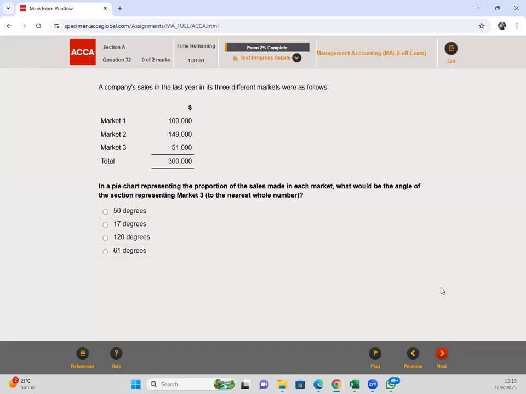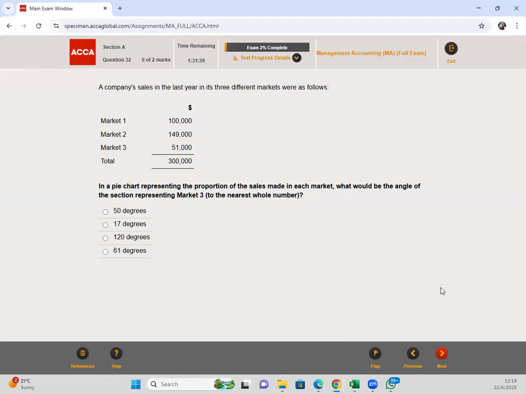So we want to represent the information on a pie chart. Remember, a pie chart expresses the information as a percentage of 360, so we need to present the information in degrees.